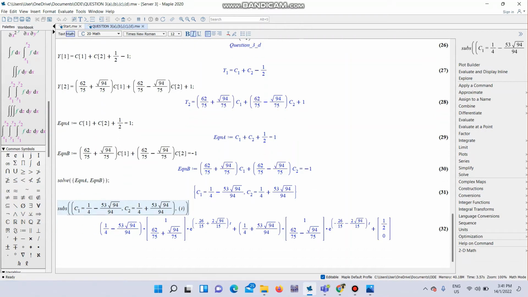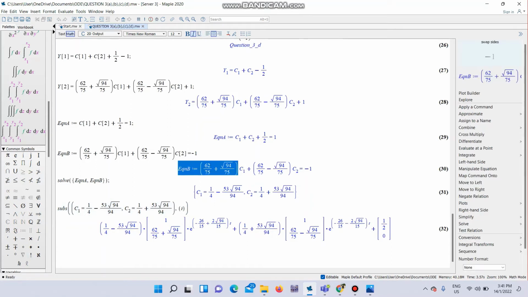And for equation B, the output that we get is 62 over 75 plus square root 94 over 75 for the c1, and plus 62 over 75 minus square root 94 over 75 for the c2, equal to negative 1.